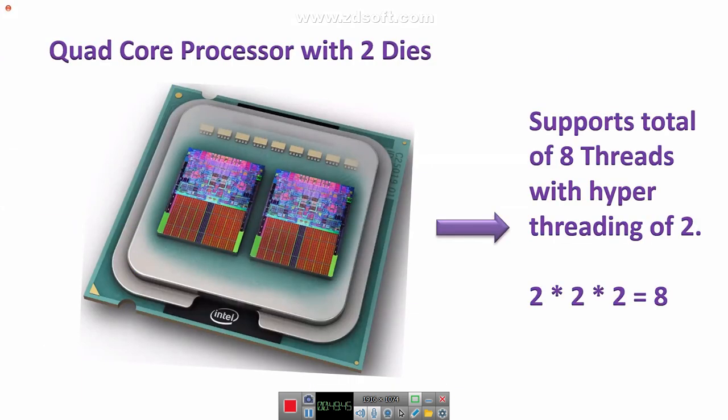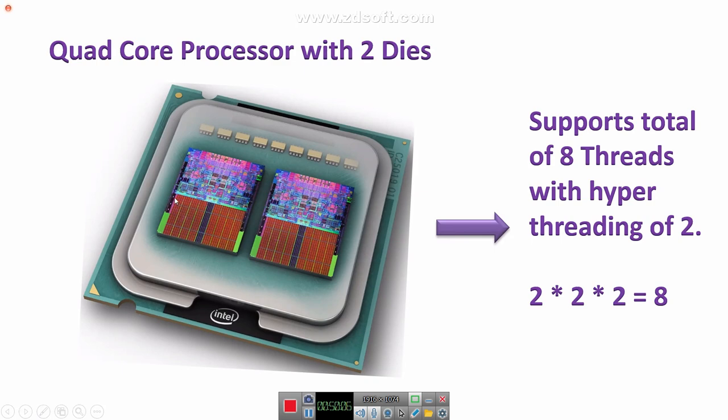What is this green chip, sir? The green chip is a processor. What are these two boxes? I think RAM slots. No, sir, these are dice. These are called dice.